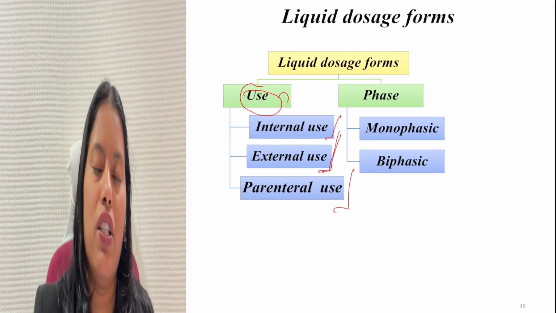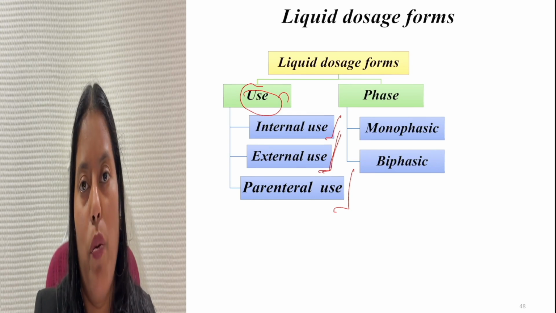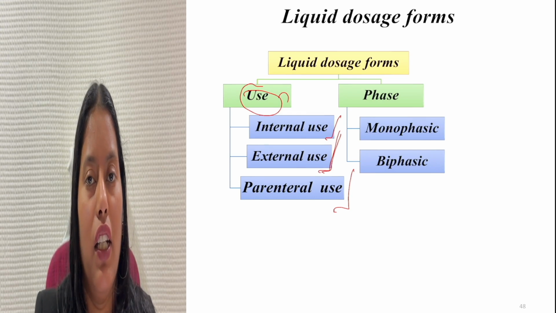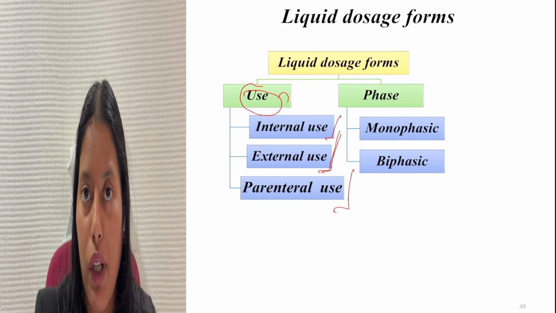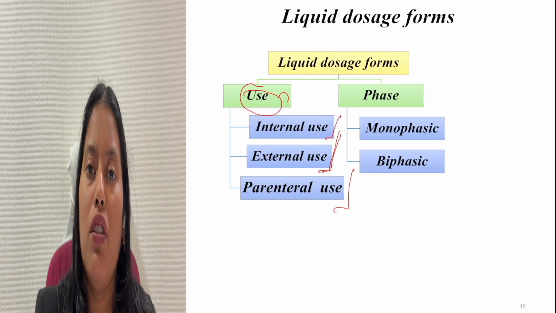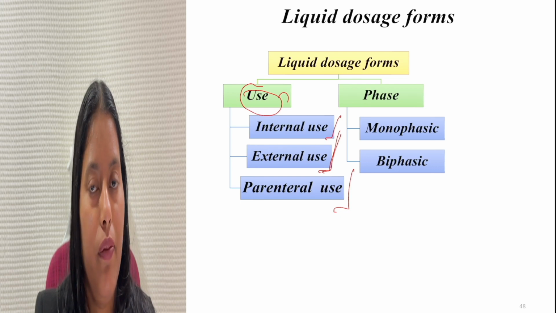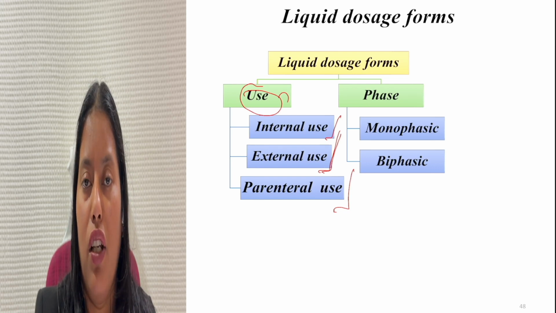External use formulations are used for topical formulation. So many drops which you instill into the eye, ear, nose cavity, then many formulations which you apply topically on the mucosal membrane are also for external use. Use in the mouth cavity, like gargles, mouthwash, paints, are external use.